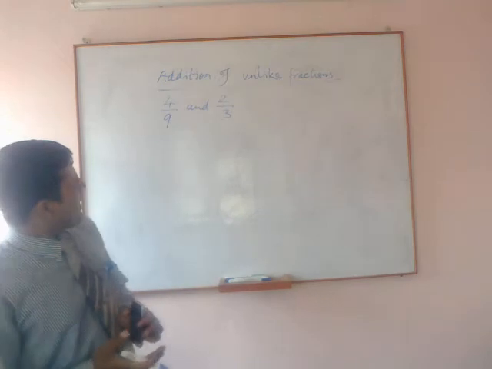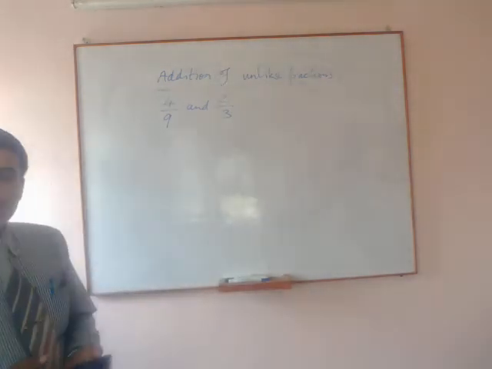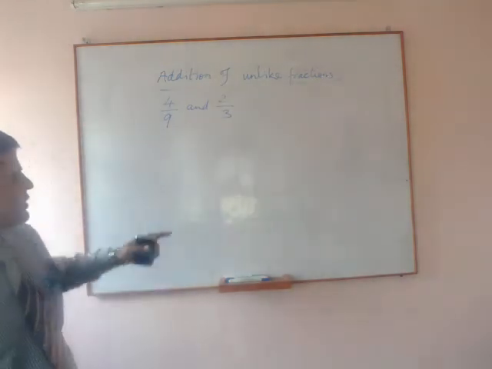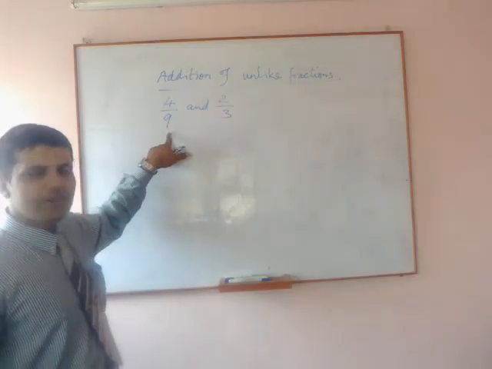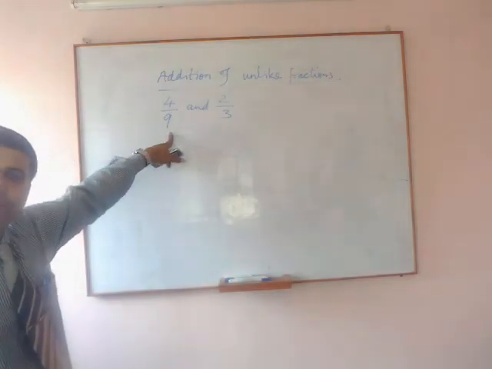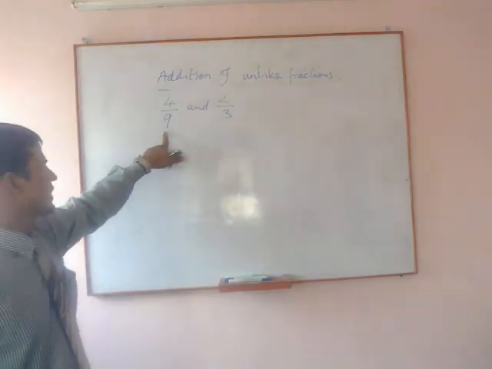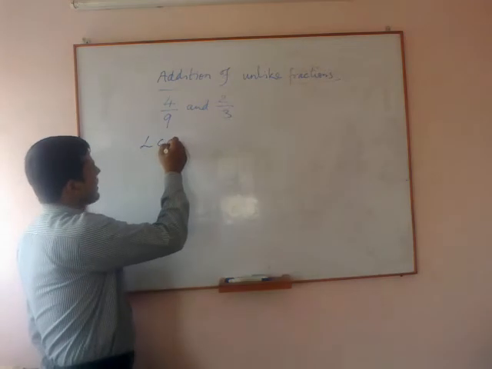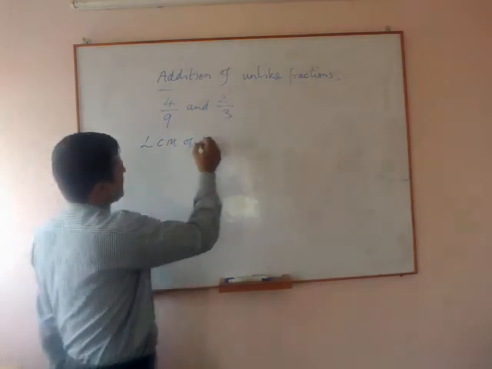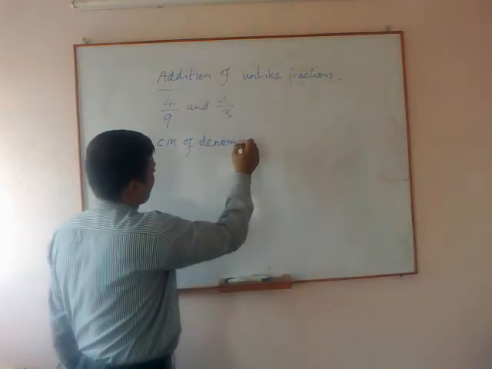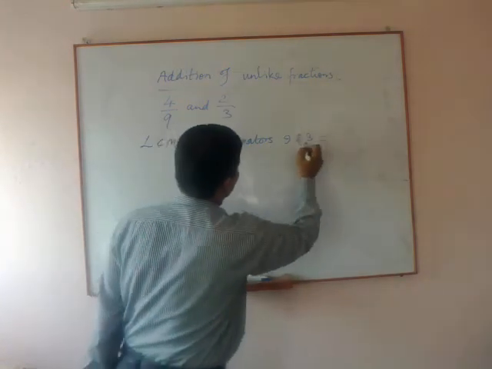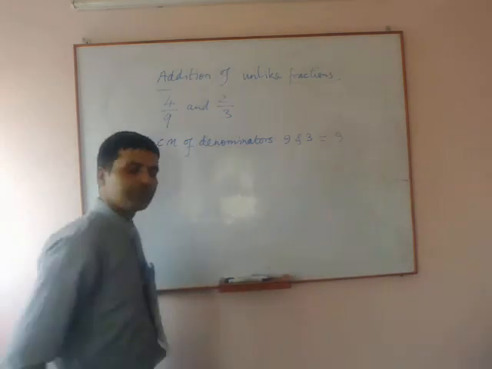If we want to add or subtract unlike fractions, the very first thing is to find the common denominator. Here is 9, here 3. So the LCM of denominators 9 and 3 equals 9.